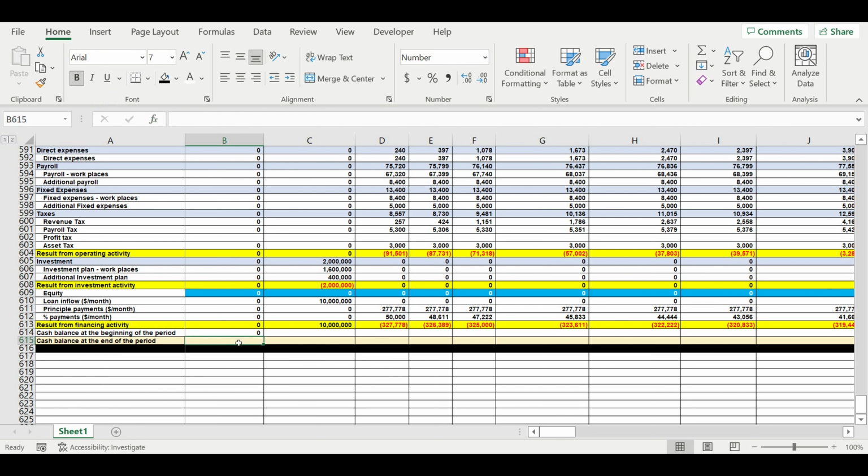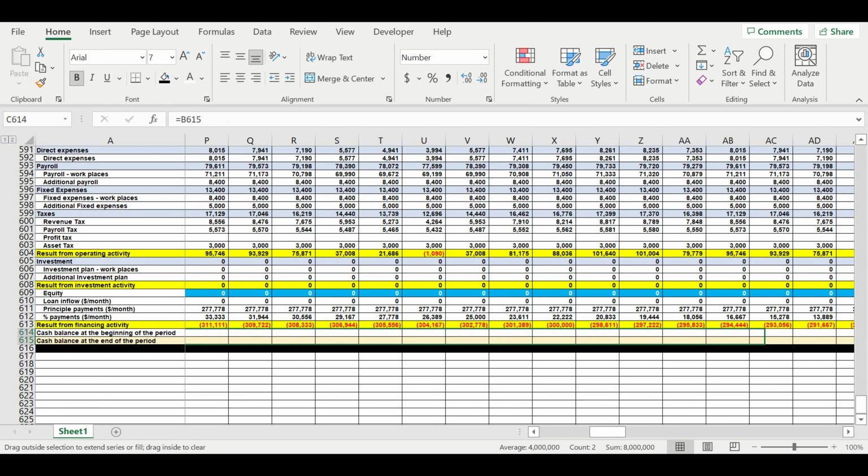Then the cash balance at the end of the period will be this plus this plus this plus the beginning balance. Then the cash balance at the beginning of the period will be the cash balance at the end of the previous month. Then I will extrapolate this formula to the right, and then I will extrapolate both cells to the right, their formulas.